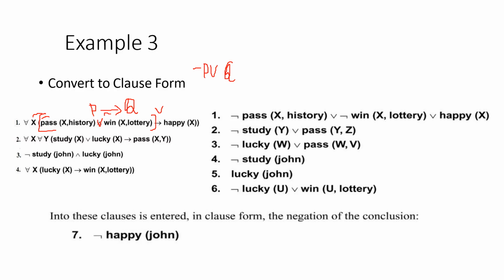Then we can take the negation inside, so this becomes not pass x comma history or not win x comma lottery or happy x. Then we can drop the for all x. So we get not pass x comma history or not win x comma lottery or happy x.